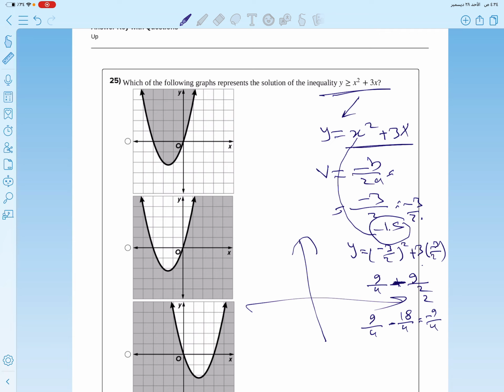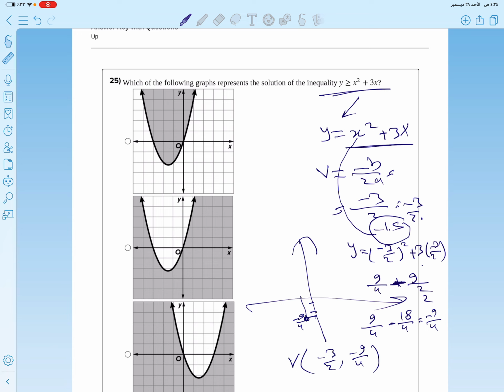Negative 9 over 4 is here. What about x? Where is x? We just go back to negative 3 over 2 and negative 9 over 4. This is the vertex. Negative 3 over 2 is 1.5 here. So here's the vertex.